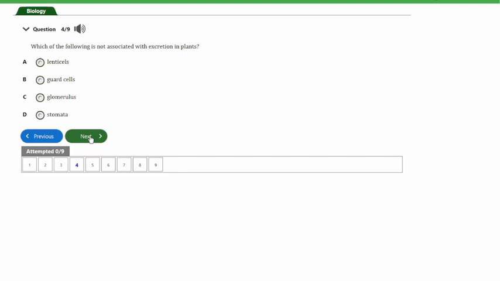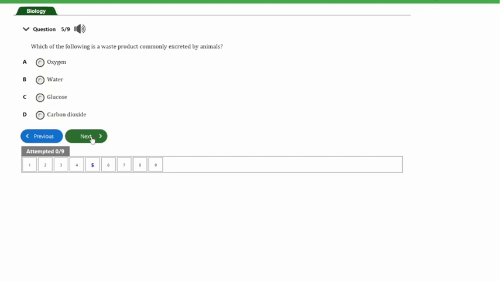So guys, the answer to this question is option C, and that's glomerulus. Glomerulus is not associated with excretion in plants. So let's look at the next question, and that's question number 5. It says, which of the following is a waste product commonly excreted by animals? A. Oxygen, B. Water, C. Glucose, D. Carbon dioxide.